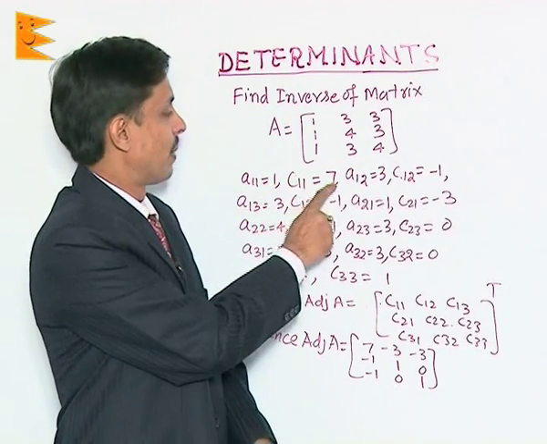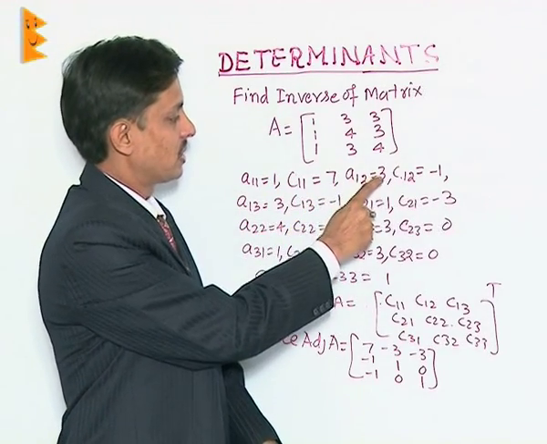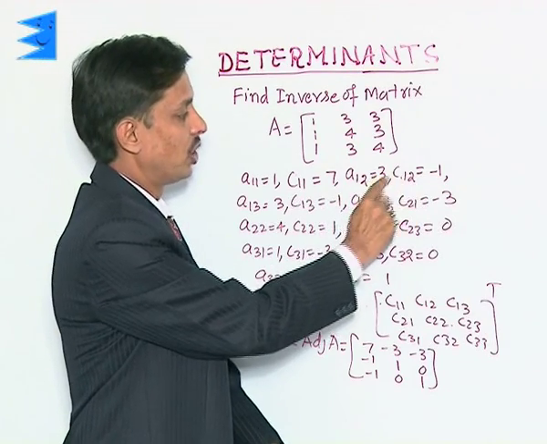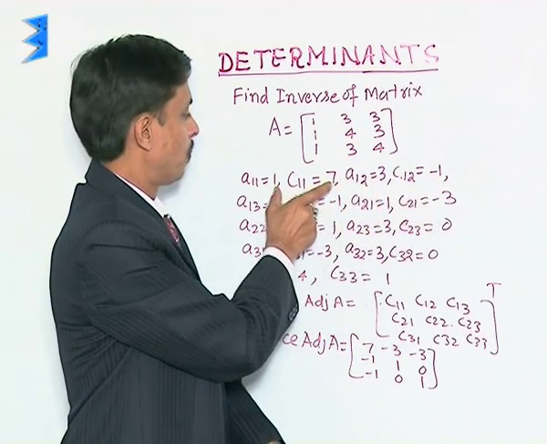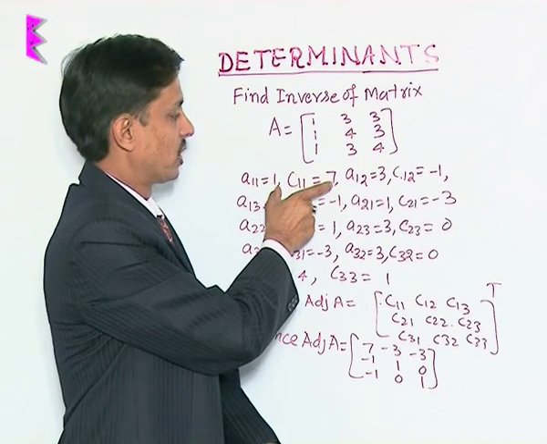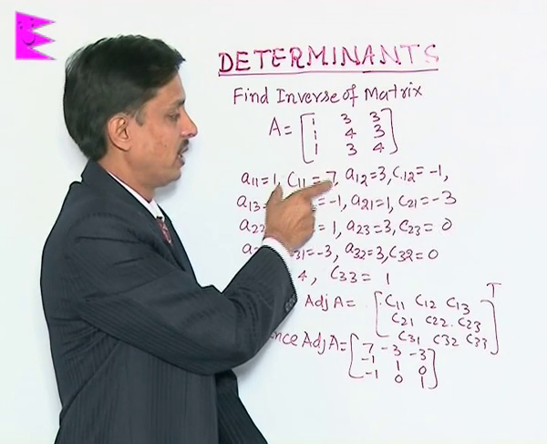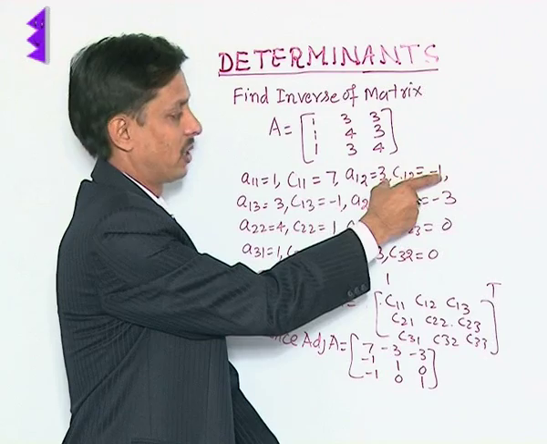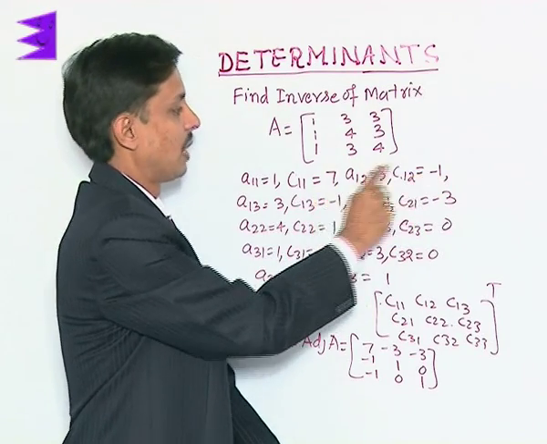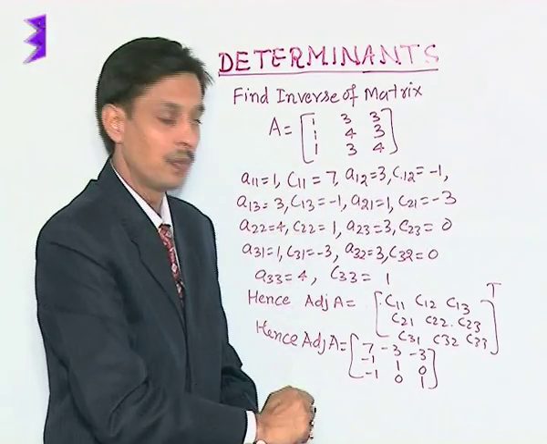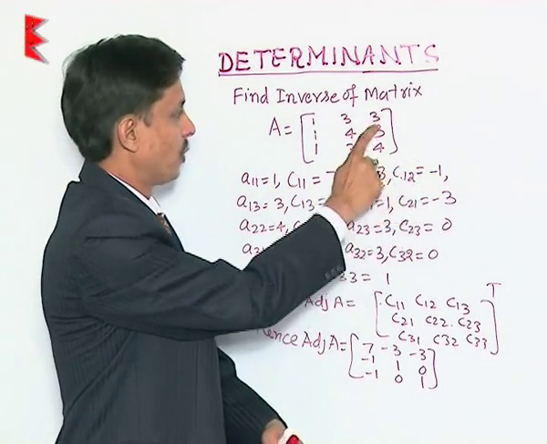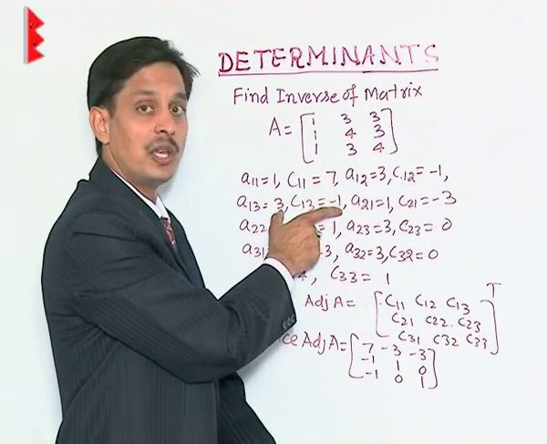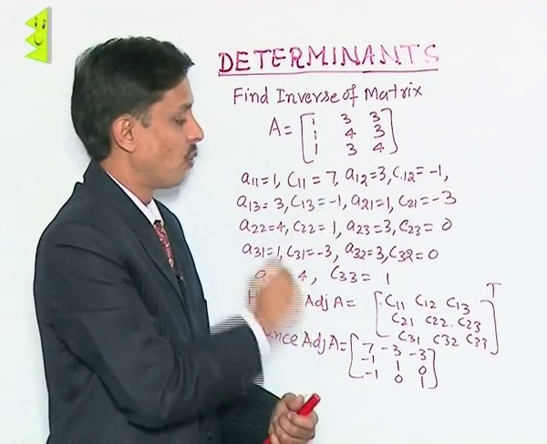Here 1 times 7 is 7, then the second element is 3, and its cofactor is minus 1, so minus 3. 7 minus 3, what we will get? 4. After it, only one element is left, that is 3 times minus 1, minus 3. So 4 minus 3, what we will get?